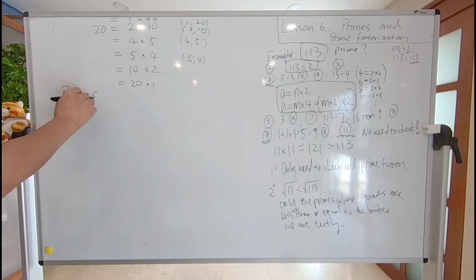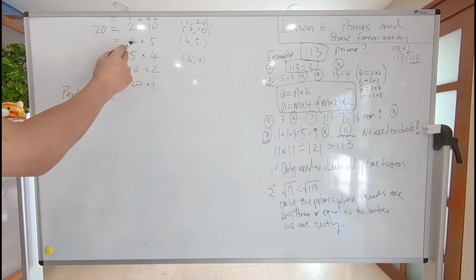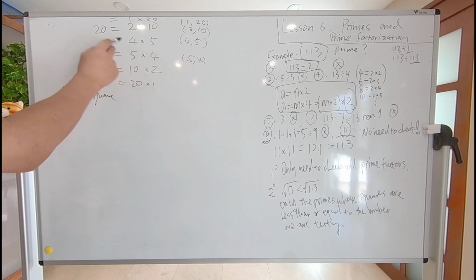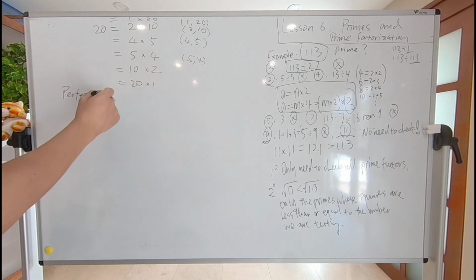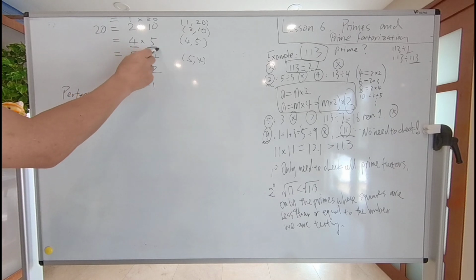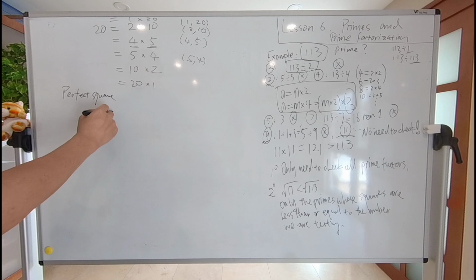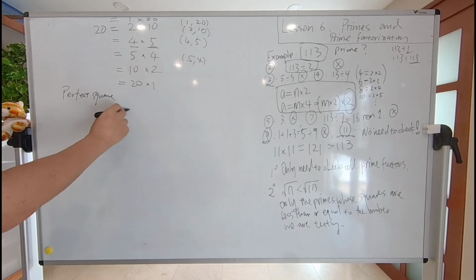Right? Because as you can see, technically, yes, all the factors are coming in pairs. But what if this number is the same as the other number? Then what happens? For example, 16. Right?